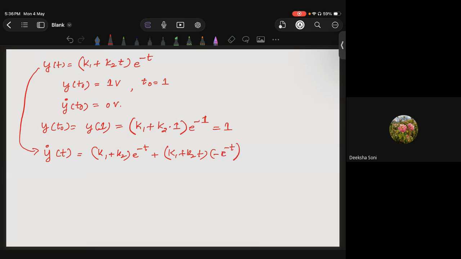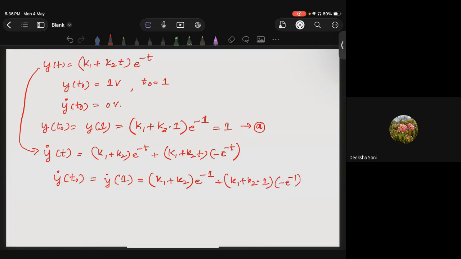So this is, let's say, A. Then y dot of t naught, that is y dot of 1, which is nothing but k1 plus k2 e power minus 1 plus k1 plus k2 multiplied by 1 minus e power minus 1 equal to 0. This is B. Clear?